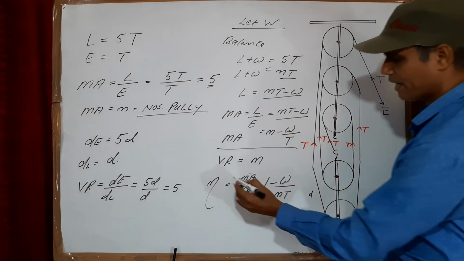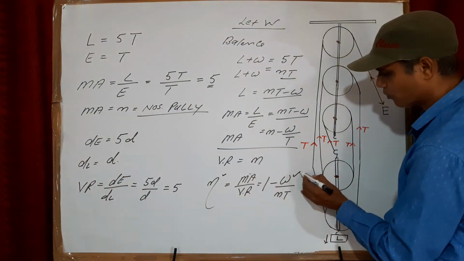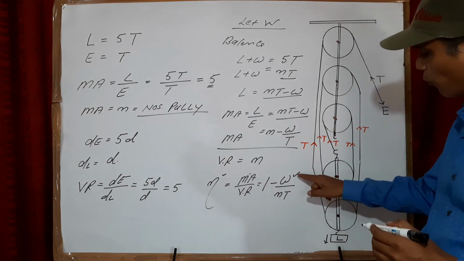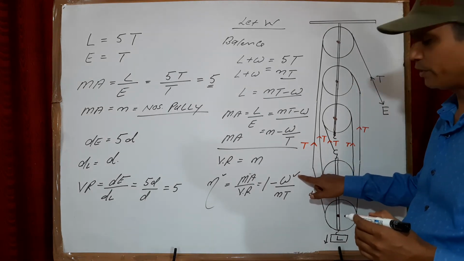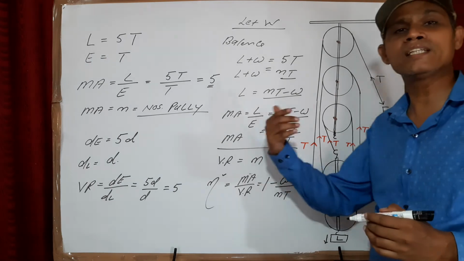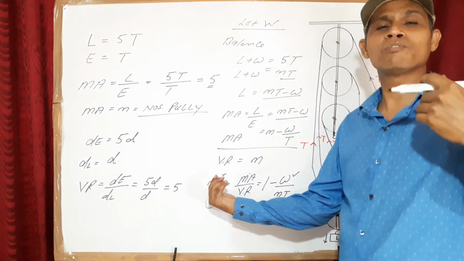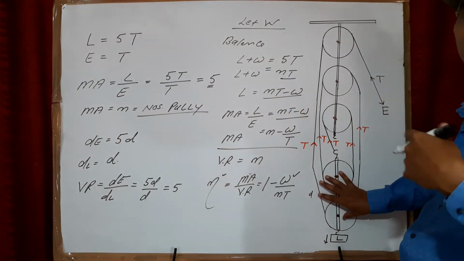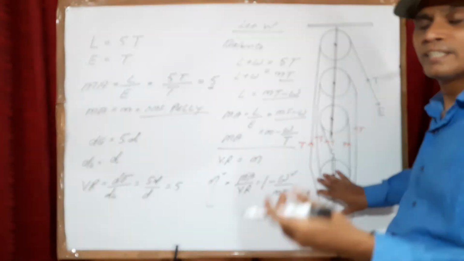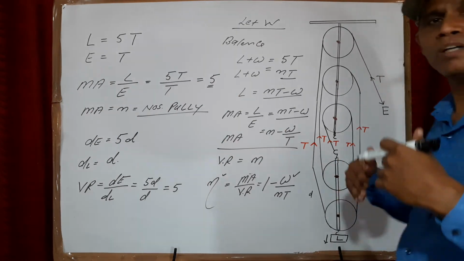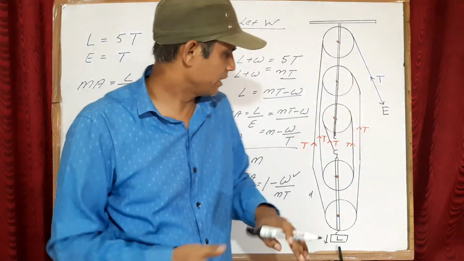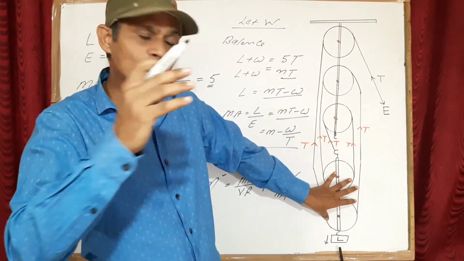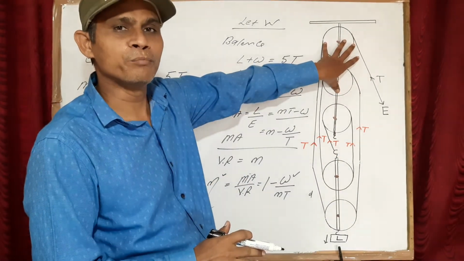That means efficiency depends upon the weight of these lower pulleys. The greater the weight of the lower pulleys, the lesser the efficiency. So what should we do? The weight of the lower block should always be taken less. That is why the number of pulleys in the lower block should always be less than or equal to the upper pulleys.